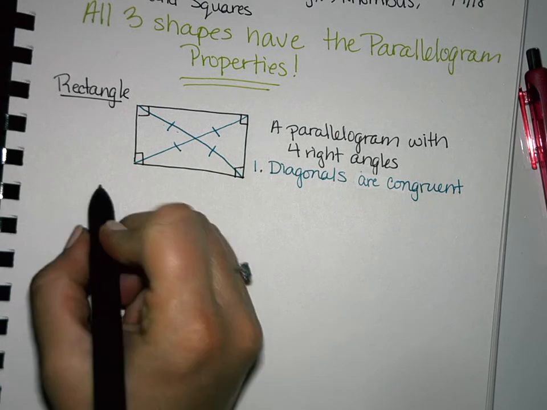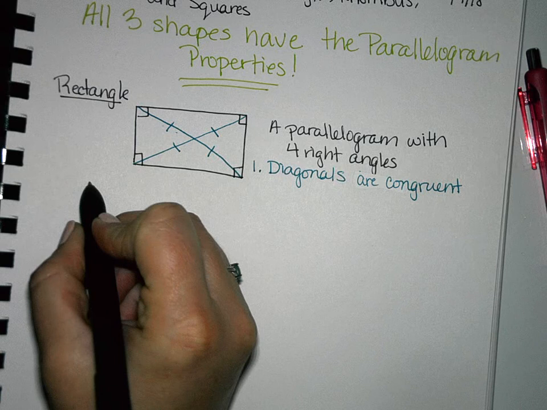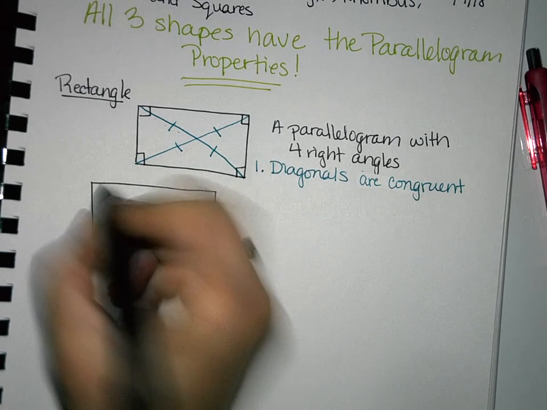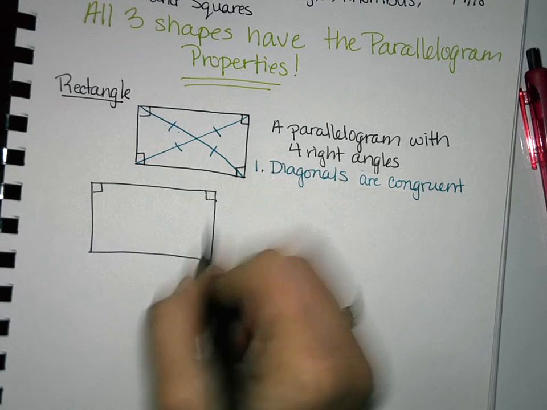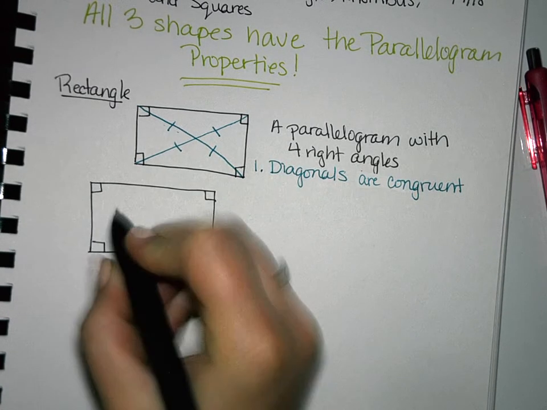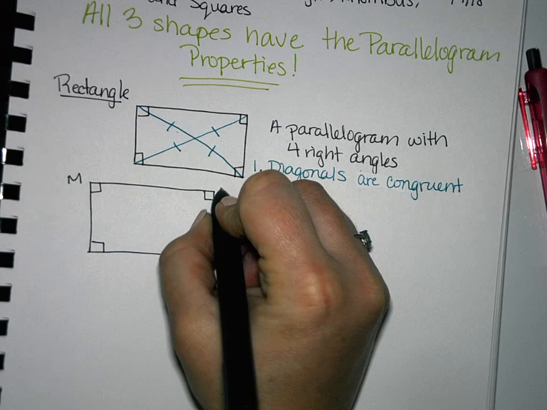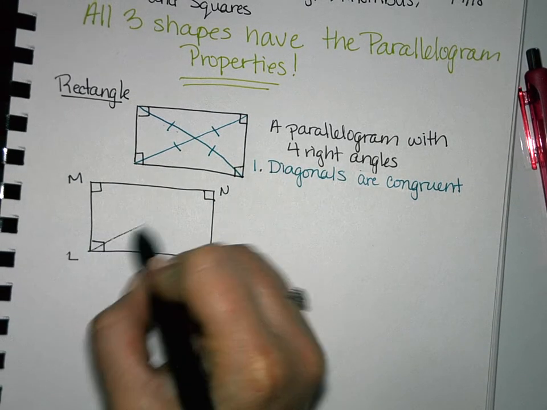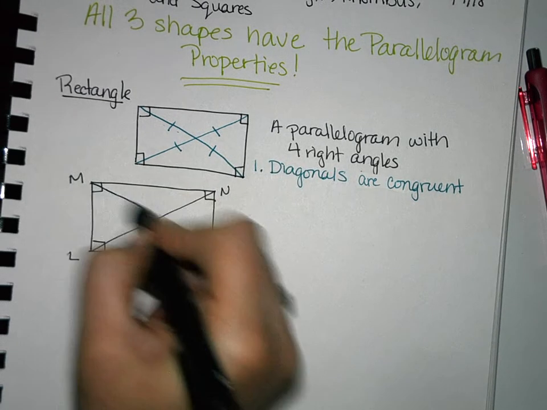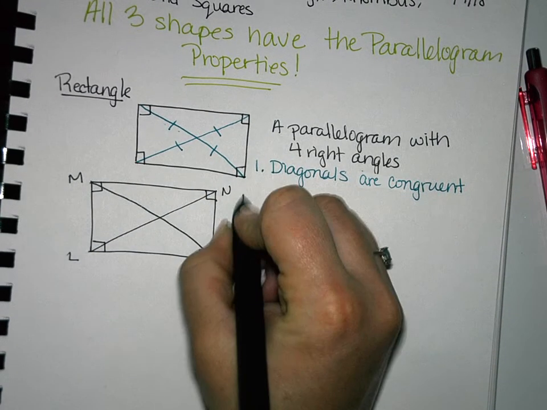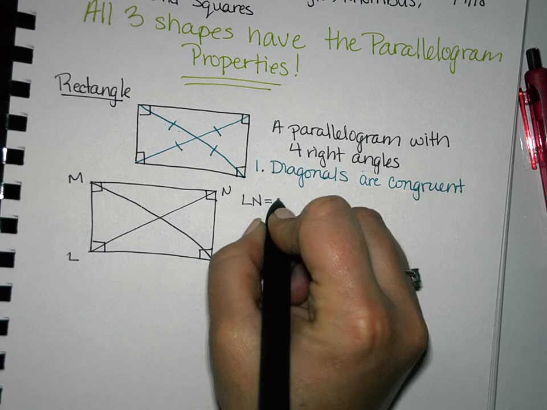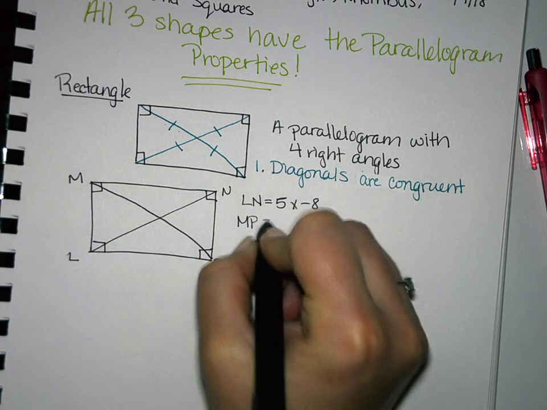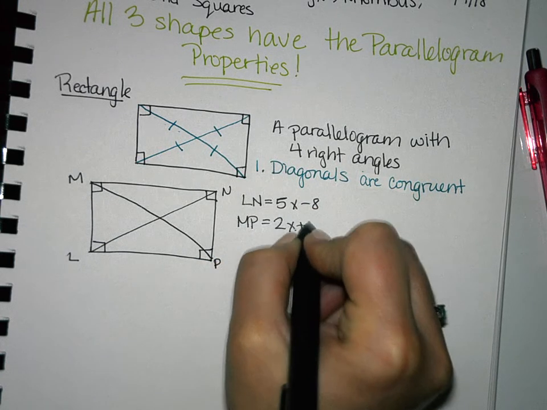Okay, so let's do an example like what you have in your assignment. You have rectangle MNPL. And I'm going to tell you that LN is equal to 5x minus 8, and MP is equal to 2x plus 1.